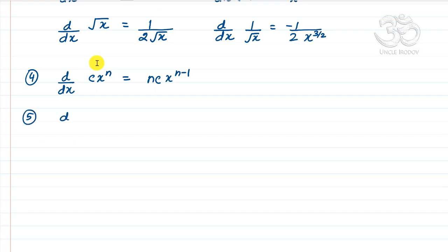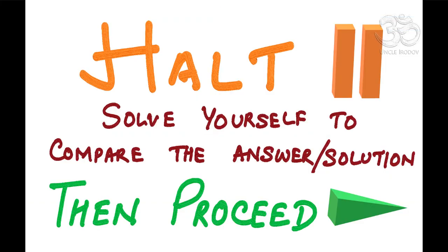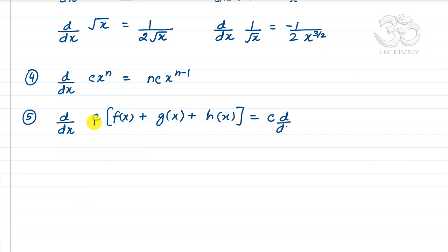Let me say I have d by dx of c times f(x) plus g(x) plus some h(x). What will that become? So c times d by dx of f(x) plus c times d by dx of g(x) plus c times d by dx of h(x). This is what we have, right?